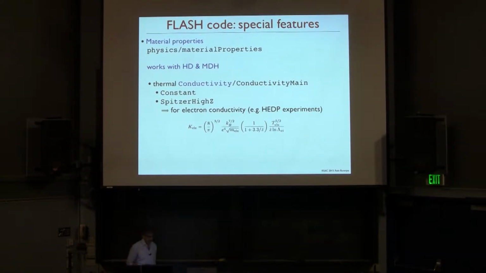So far, there's again a constant heat conductivity, and again something which is named after Spitzer. And here you see a fairly complicated formula which comes with this conductivity. This is already implemented there, but you can imagine it is fairly easy to extend to your own physical model you want to put in here.